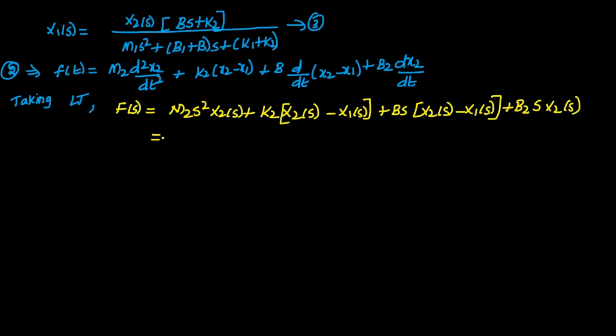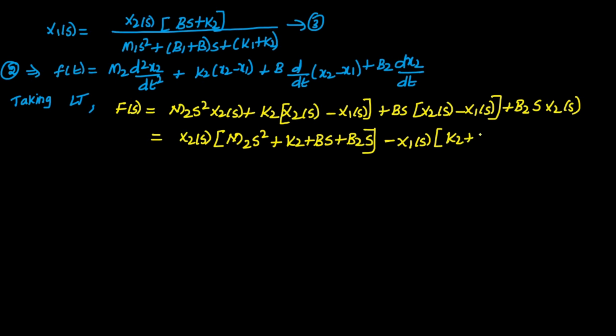Now I am going to collect x2 of s and x1 of s separately. So I am taking x2 of s as a common factor outside. So the answer is m2 s square plus k2 plus bs plus b2s, correct? Similarly, I am taking minus as a common factor and x1 of s as a common factor. So the answer is k2 plus bs. Okay. So this is f of s.